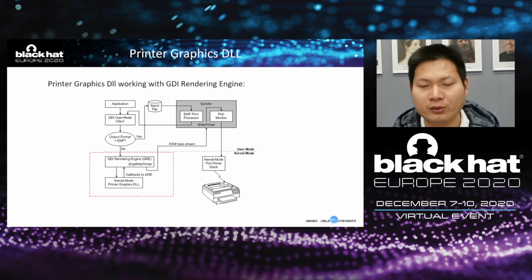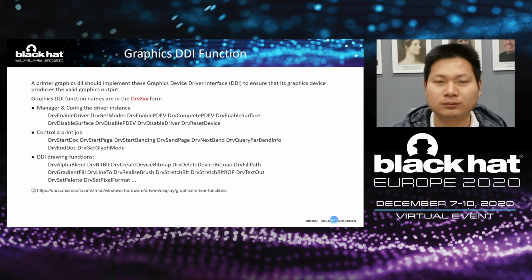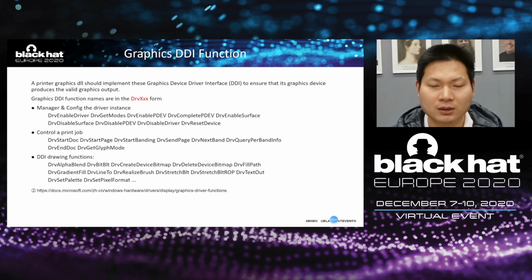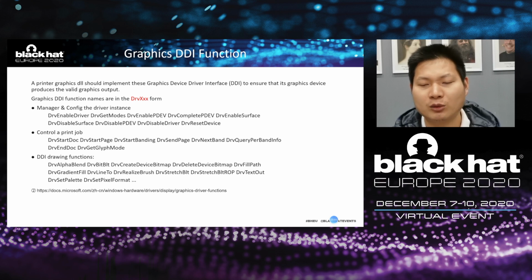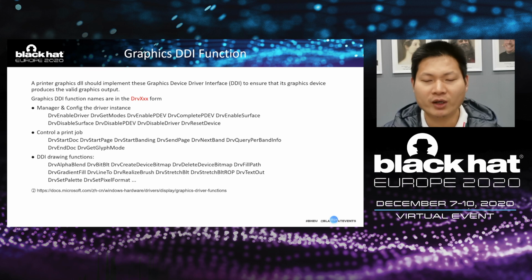This picture shows how the printer graphic model works with the GDI rendering engine in the kernel. A printer graphic DLL should implement the graphic device driver interface to ensure that its graphic device produces valid graphic output. The graphics driver interface functions are named with a prefix Drv.